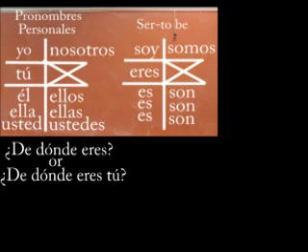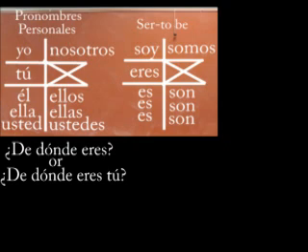They may be needed when the subject is not known, such as in the third person, es, or the third person plural, son. But even if the subject has been previously established, we don't always have to state the subject.